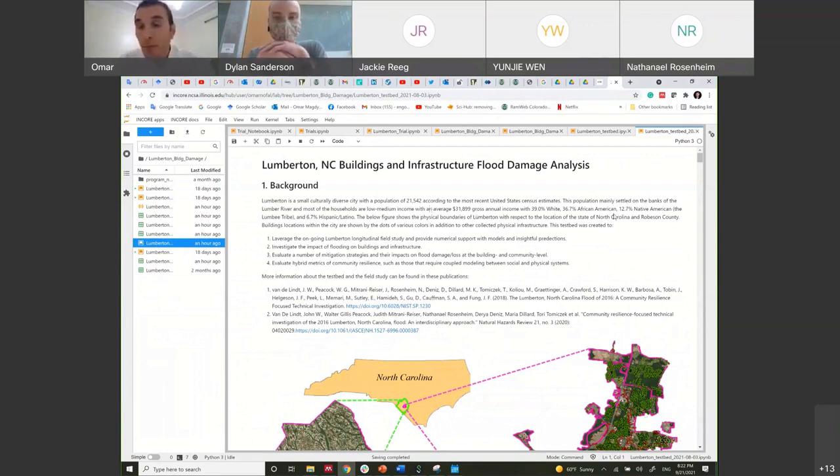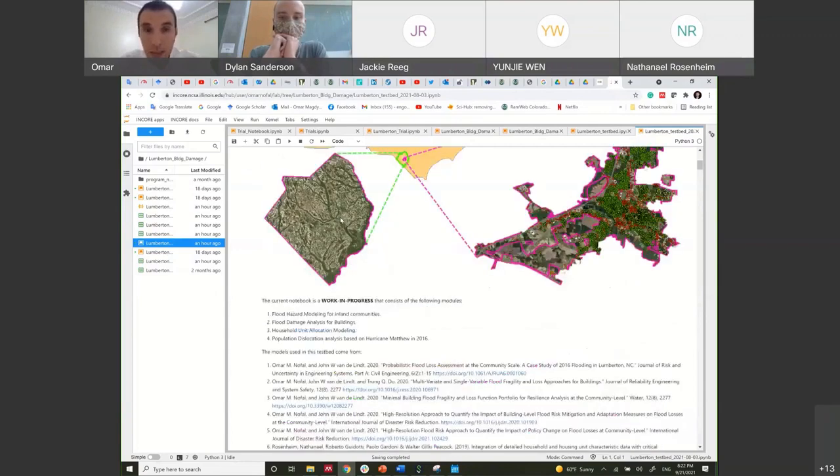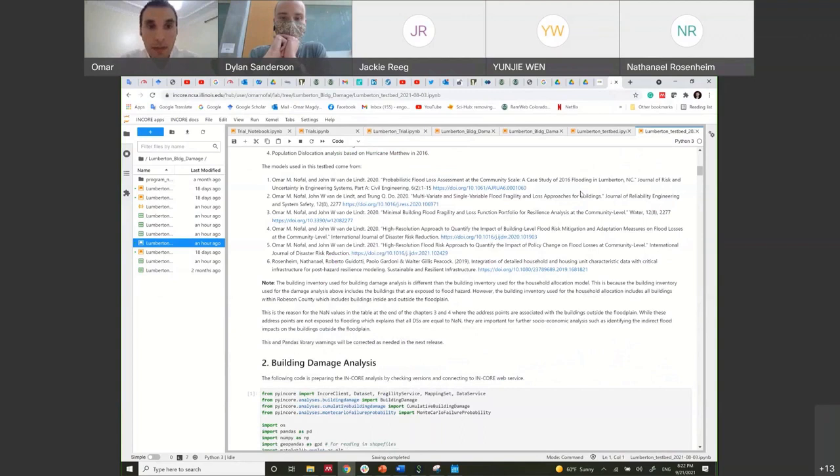Then here are the main publications related to the damage quantification and all the mitigation analysis. You will find 4 papers from the Colorado State team and another paper from Nathaniel Rosenheim for the household allocation, just for your reference if you want more information about the models.